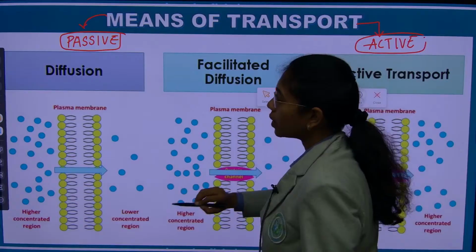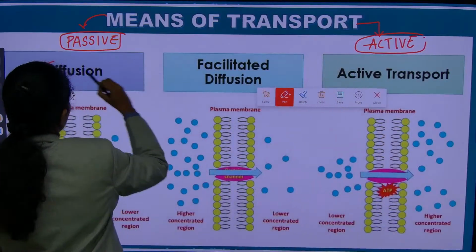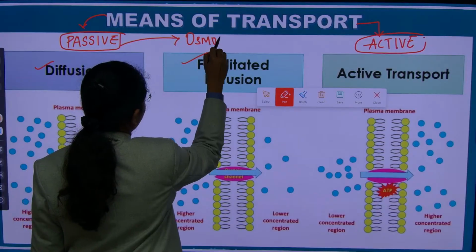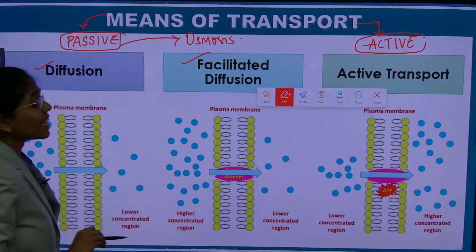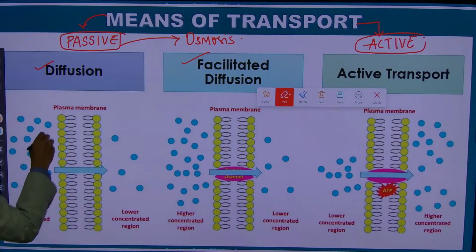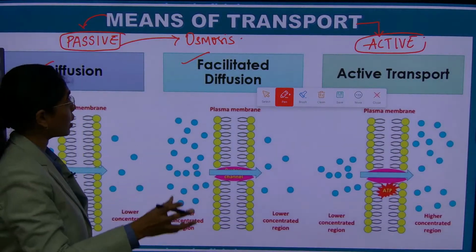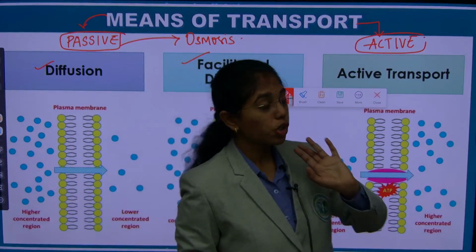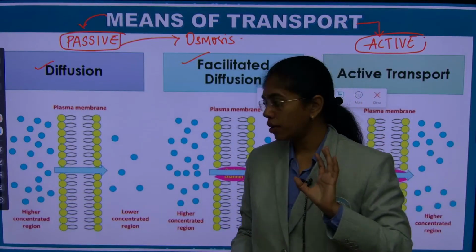Passive transport can be through diffusion, facilitated diffusion and osmosis as well. This is across the concentration gradient. Remember the statement properly: passive transport is towards the concentration gradient, which means across the concentration gradient.